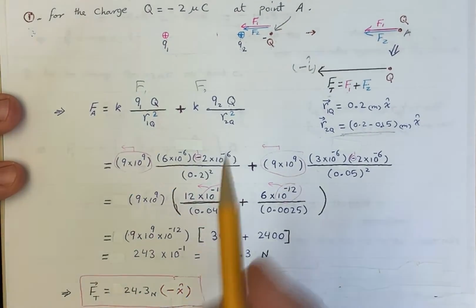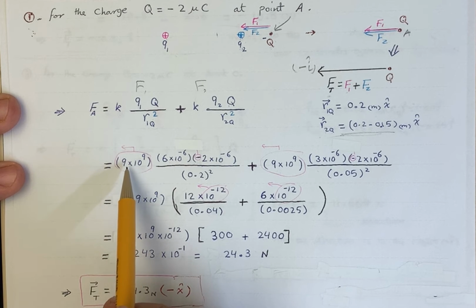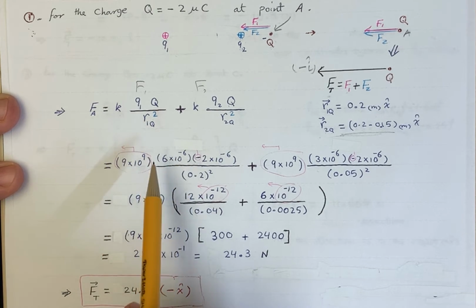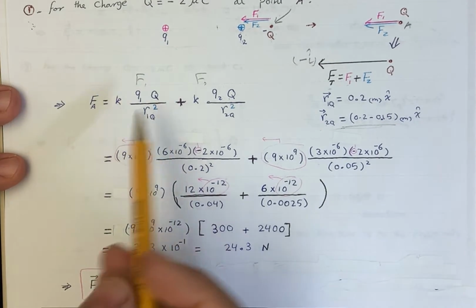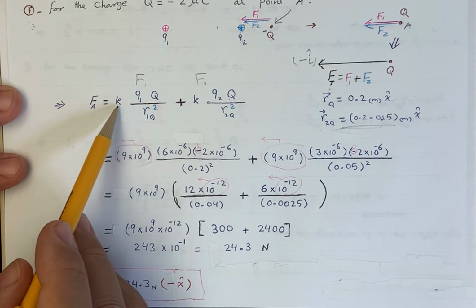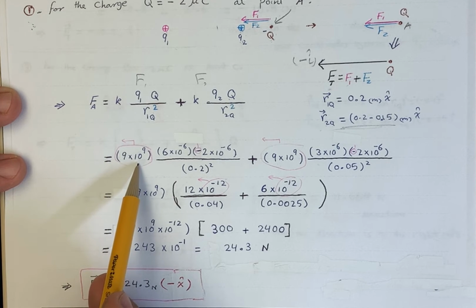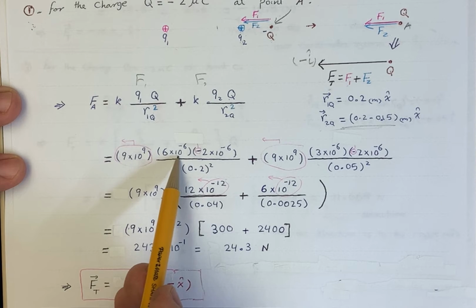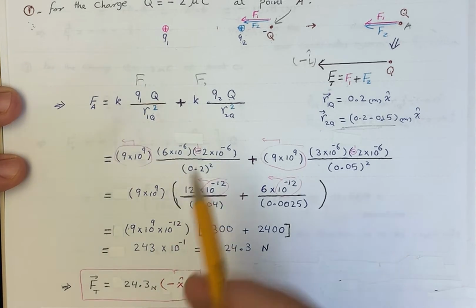Okay, now the second step: just put the values for each term here. So K is 9 times 10 to the 9. Q1 is 6 micro, which is 6 times 10 to the minus 6.